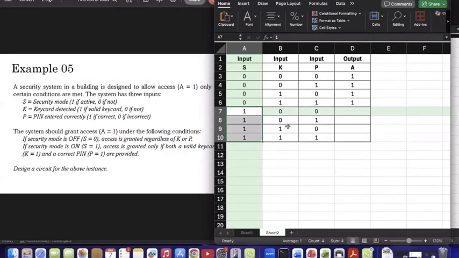K is 1 and this is it, something like that. Now they are telling you if security mode is on, access is granted only if both a valid key card and a correct PIN are provided, which means the A will be equal to 1 only when K is equal to 1 and P is equal to 1. It's like a two-factor authentication, right?